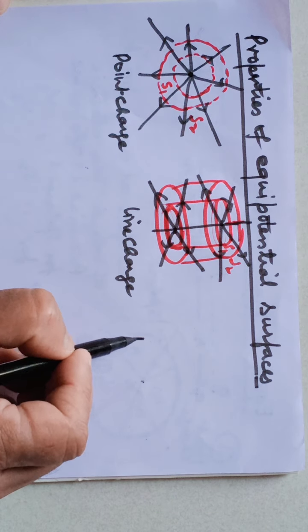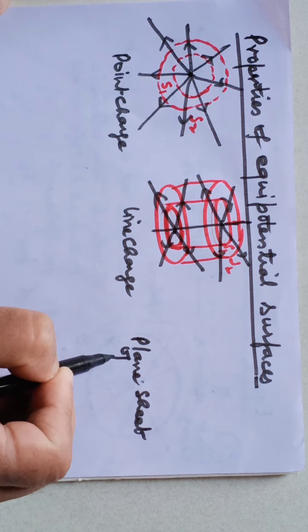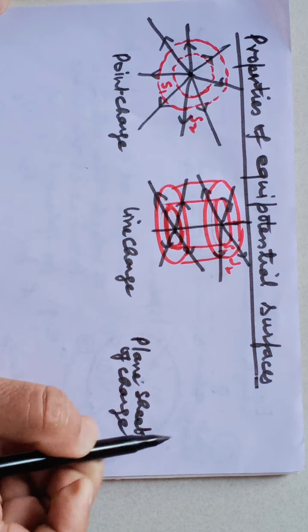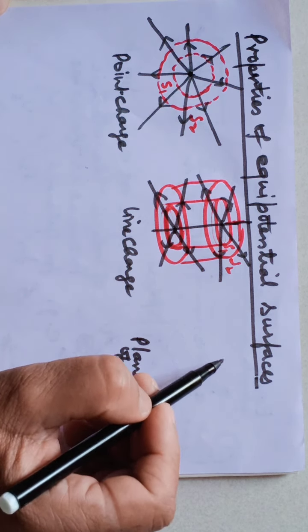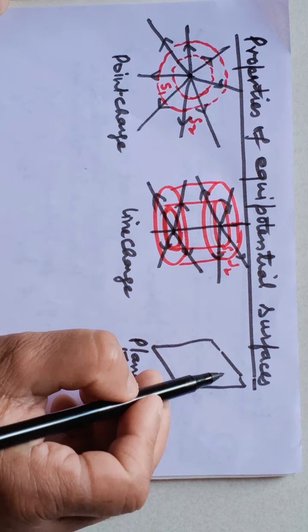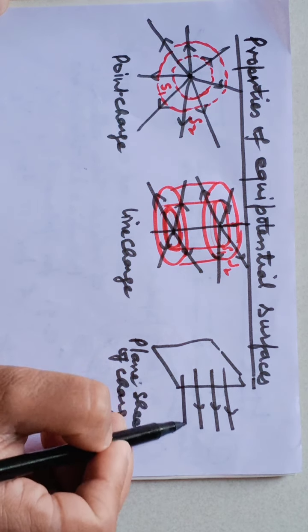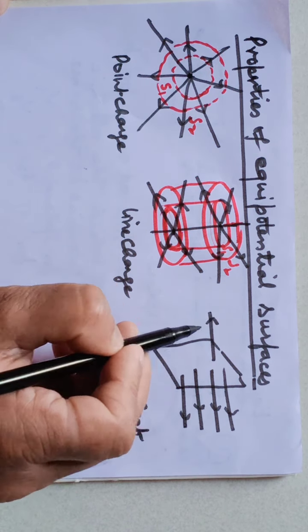Again, for a plane sheet of charge, this is the plane sheet. The electric lines of forces are perpendicular to the conductor, on both sides.